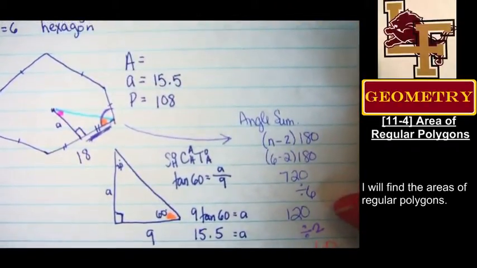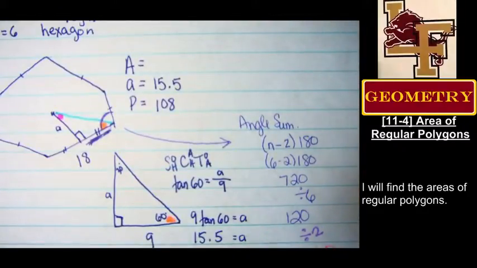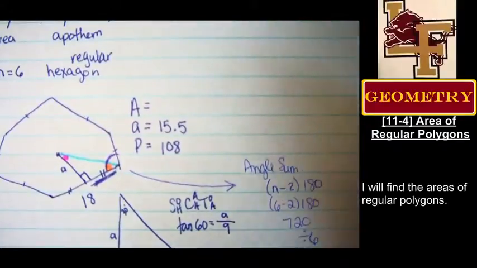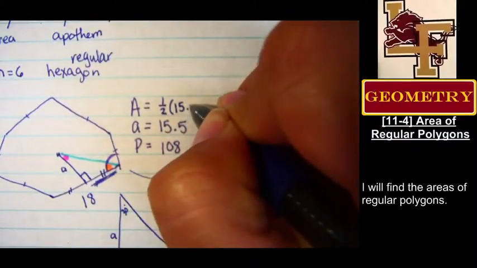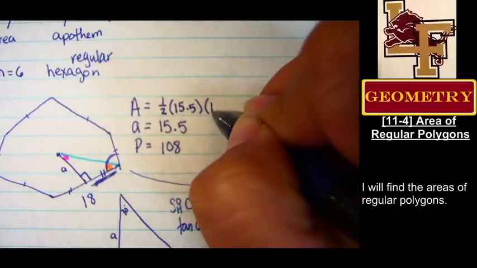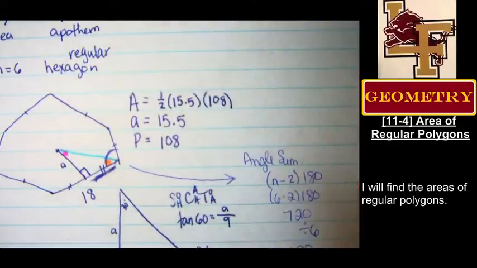All of that for the apothem. That's a lot. But now that I have my apothem, my area is easy to do. I'm just going to take 1/2, multiply it by whatever I got for the apothem, multiply that by whatever I got for the perimeter, and I have an area.